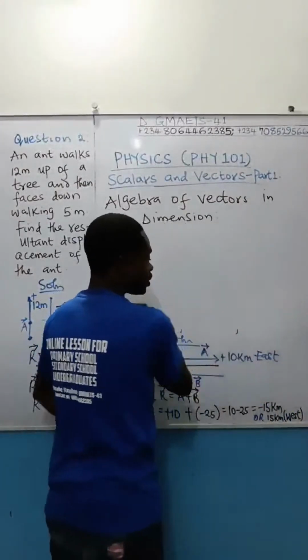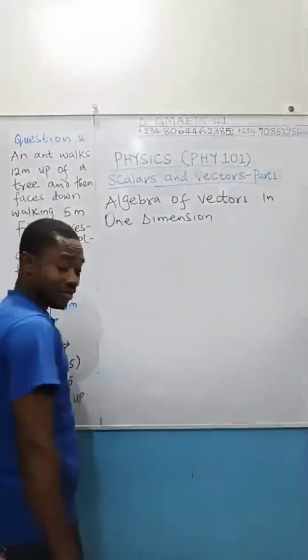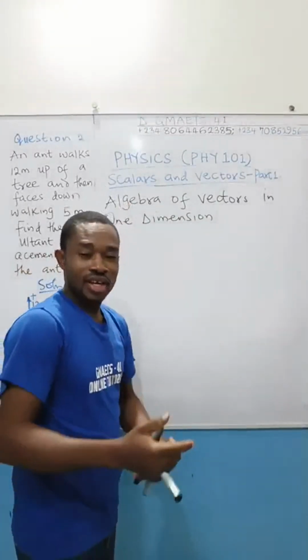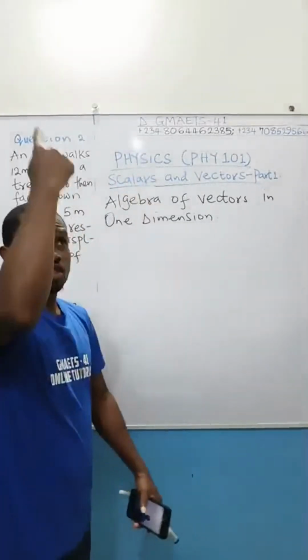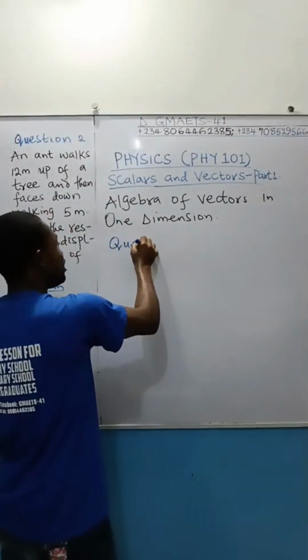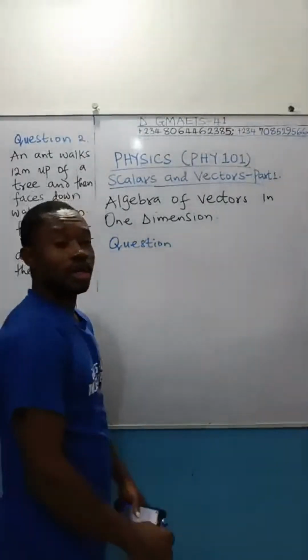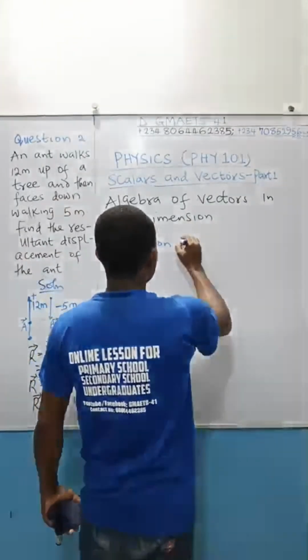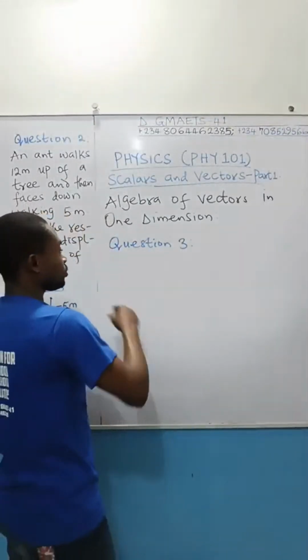We have solved questions where displacement is in different directions. Left, right, that's east, west. Up, down, which is north, south. Let us look at question number 3. Remember we are dealing with vectors, algebra of vectors in one dimension.